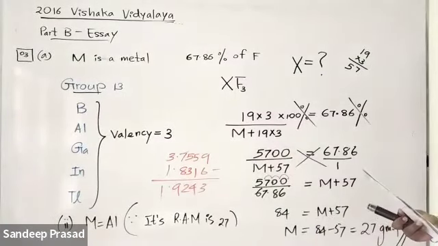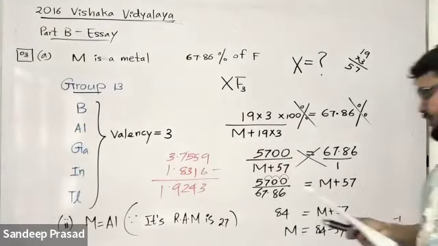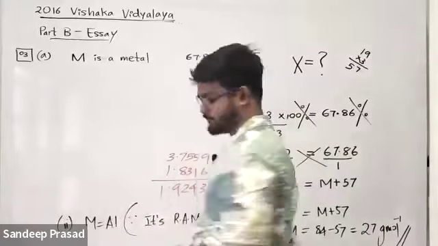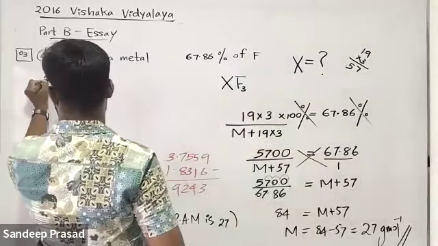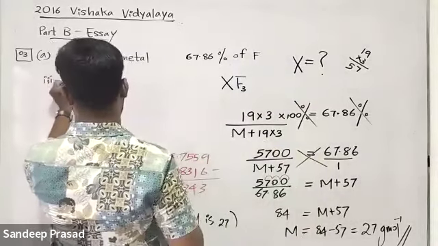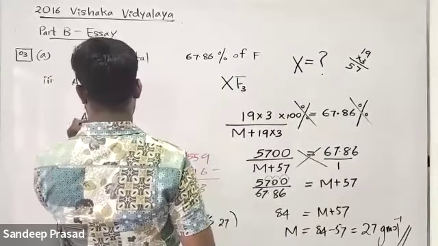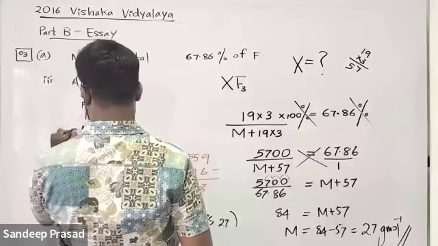Next, they're asking, write down the molecular formula of fluoride of capital M and draw the structure to show its shape. So therefore, we know that this is aluminium trifluoride. Aluminium trifluoride Lewis structure. Draw it perfectly.